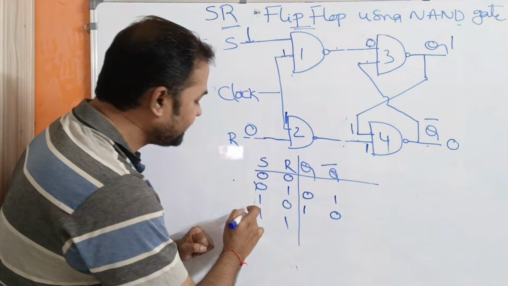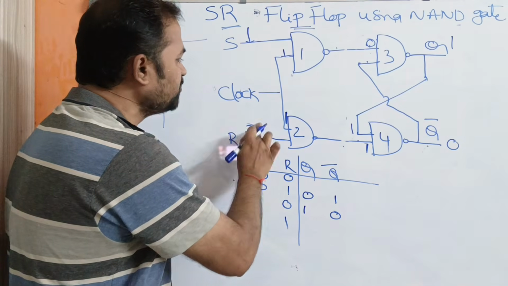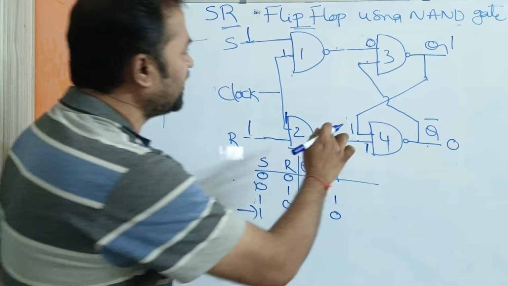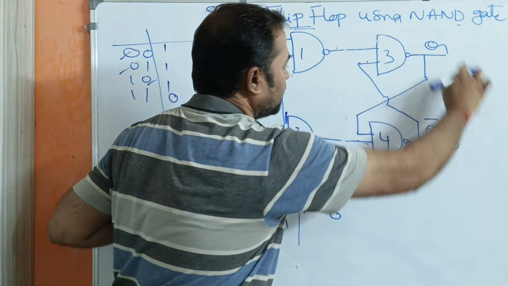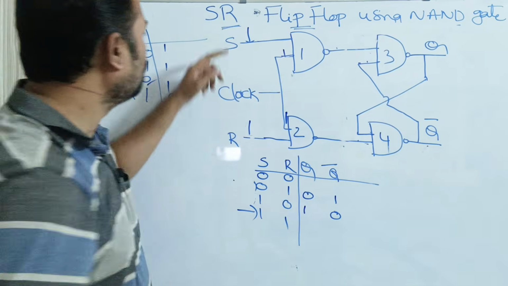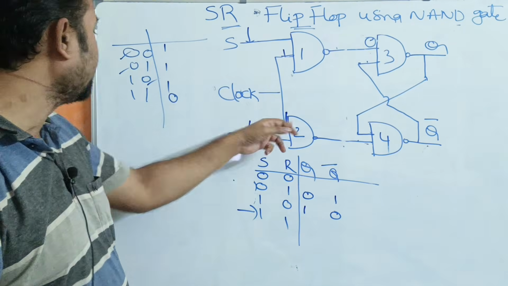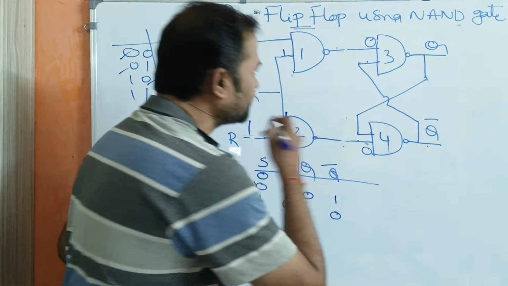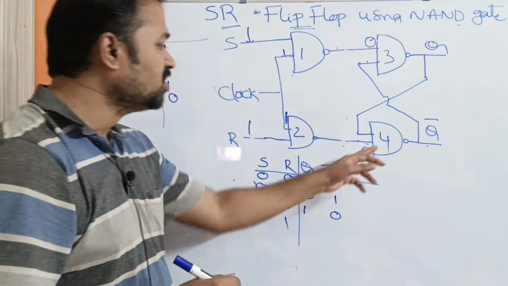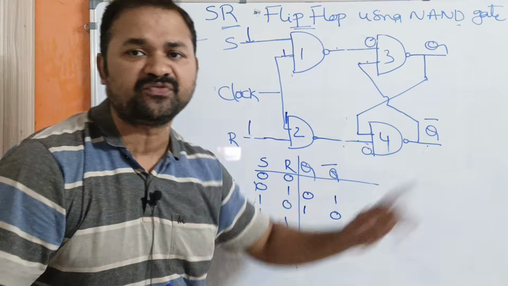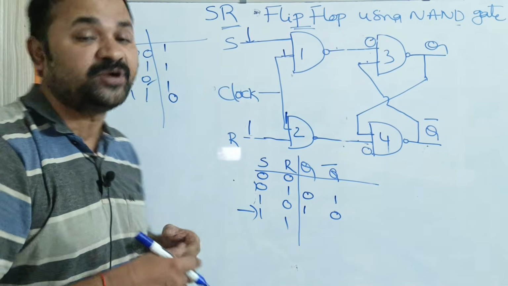Next, let us see 1, 1. S value is 1, R value is 1. So 1, 1 gives output 0. Next 1, 1 again gives output 0. Next, one of the inputs is 0 for the third NAND gate, and for the fourth NAND gate also one of the inputs is 0. If one of the inputs is 0, then the output is 1.